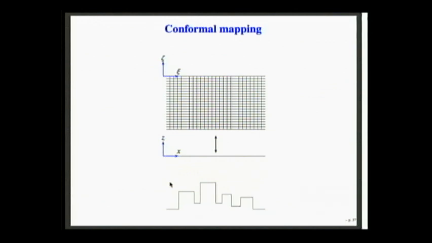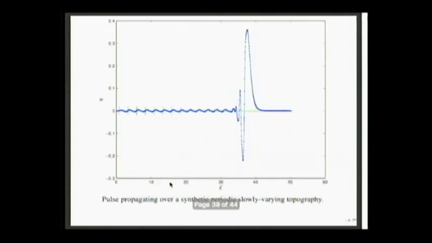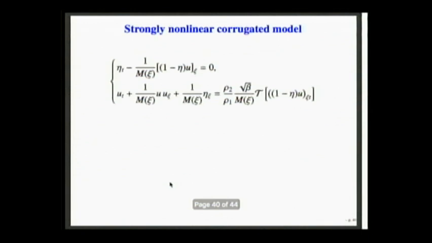So we change to this computational domain, and the result is this strongly nonlinear corrugated model for the lower order.